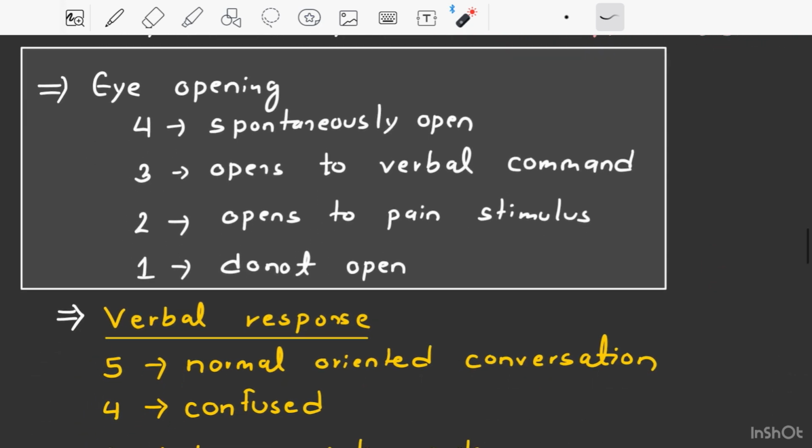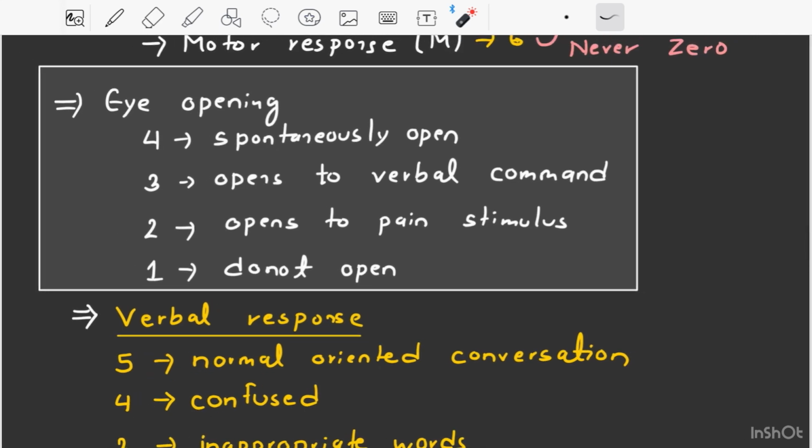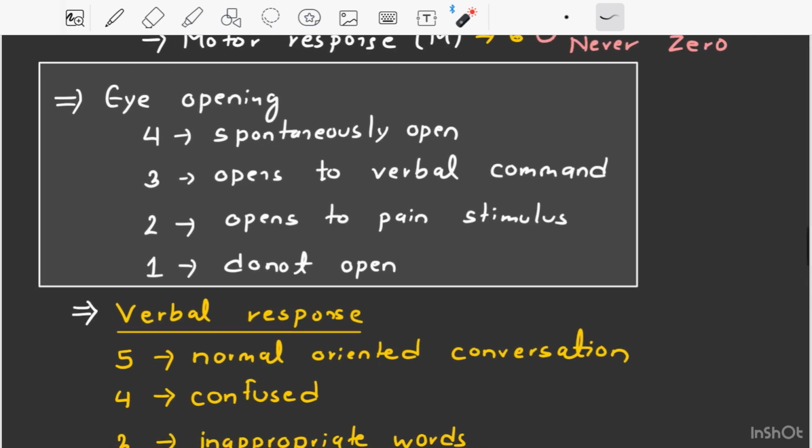So first we look at the eye opening. Somebody brings a patient who is unconscious. For assessing the GCS score, you must first assess the eye opening.